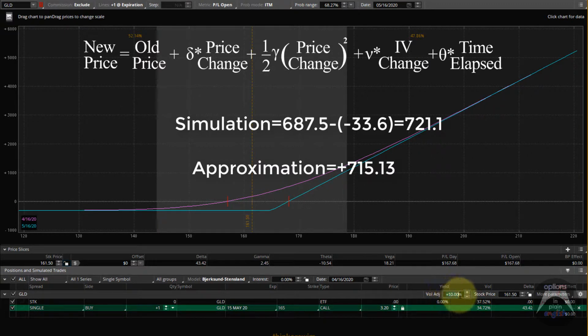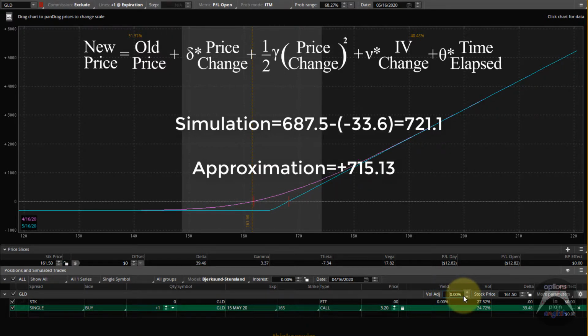The whole reason why I wanted to do this lesson is because most people only consider delta. They say, okay, my portfolio has 35 deltas. That was a huge move, and now I'm going to be in a good position because if it went up by $10, I have 35 deltas, I'm going to be making 350.